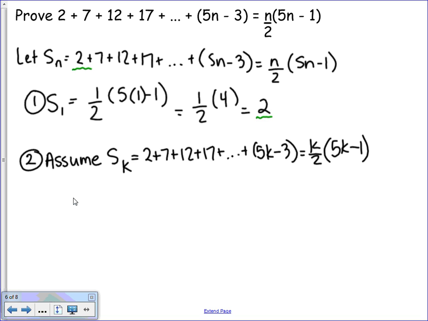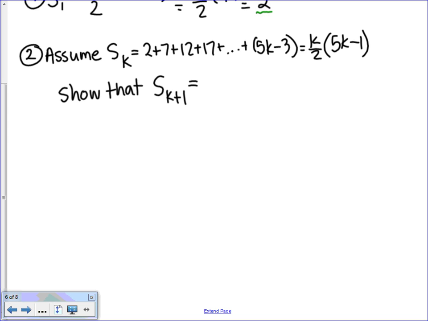And we want to show that S sub k plus 1 is equal to, and we want to go to that formula that we're trying to prove at the very end of our S sub k statement, and we want to change all of our k's to k plus 1s. So that work that we did yesterday on the homework where we found the p sub k plus 1 term, we want to figure out what that term is over here.